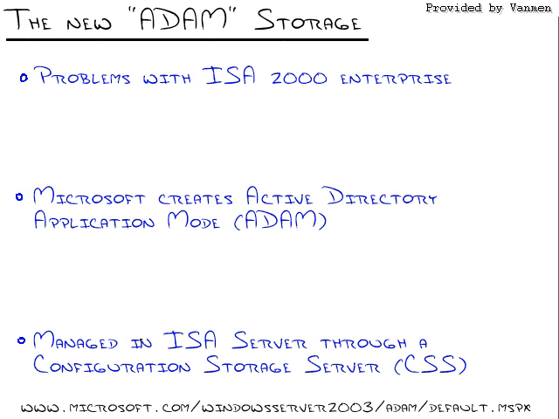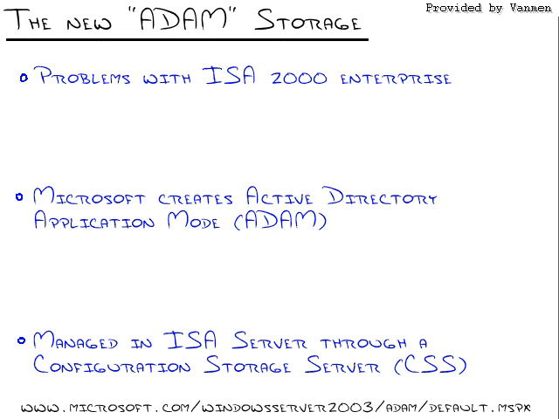Now, in IsoServer, as it applies to IsoServer 2004, Atom is managed through a configuration storage server. And they're starting to overlap acronyms here with CSS. CSS is a formatting standard, if you haven't seen it, for HTML. But they're using CSS to describe something that has the power to manage the configuration of the IsoServer enterprise.